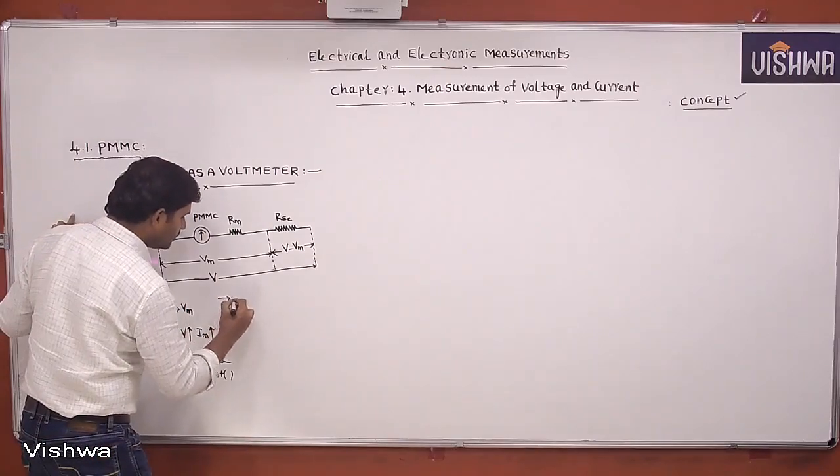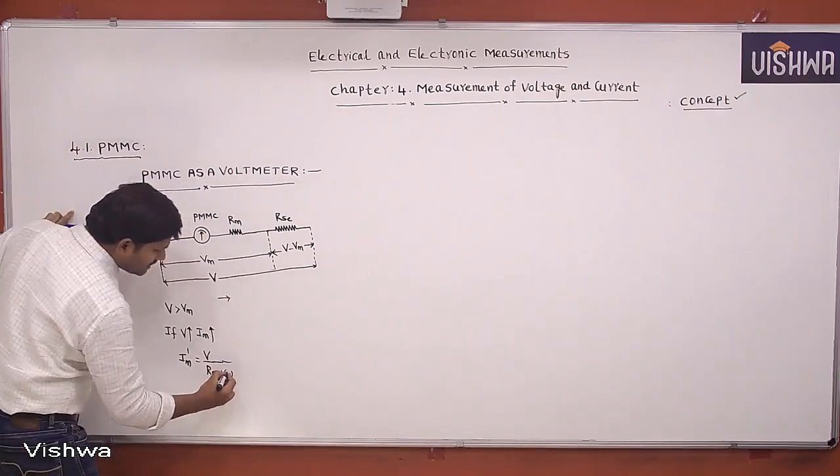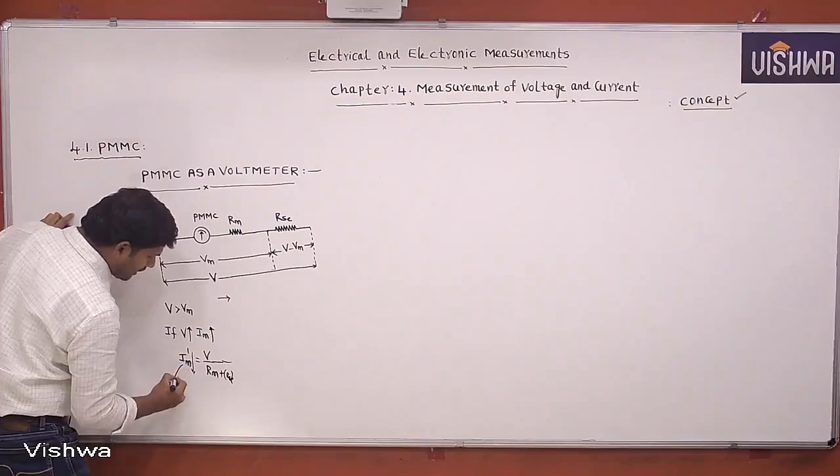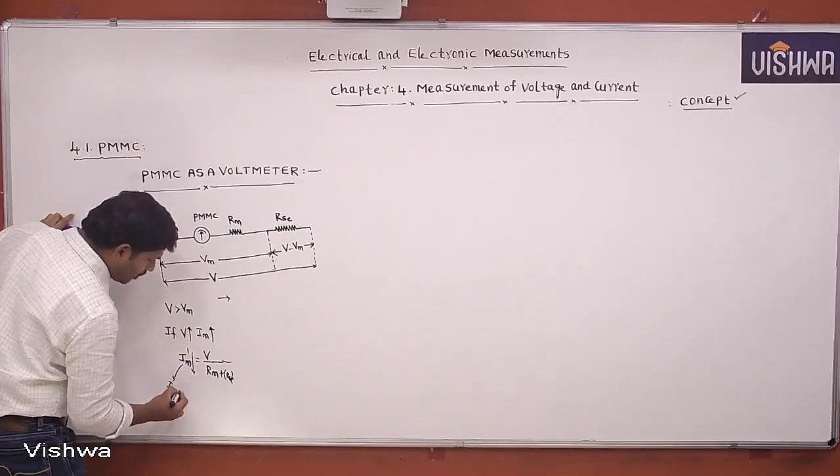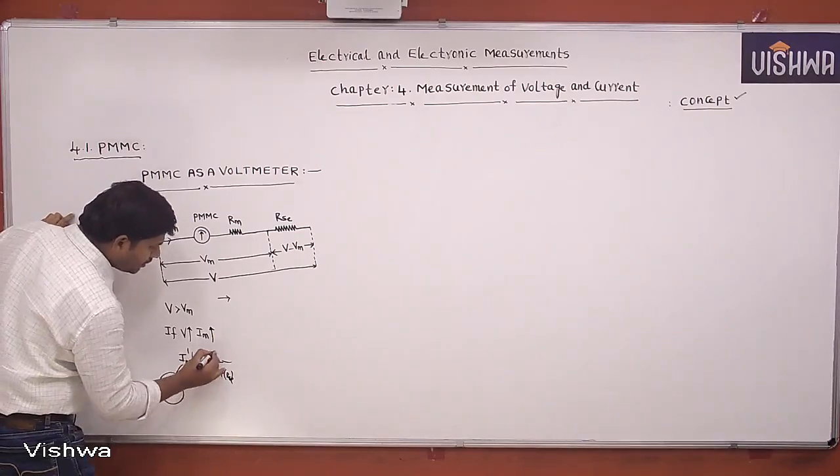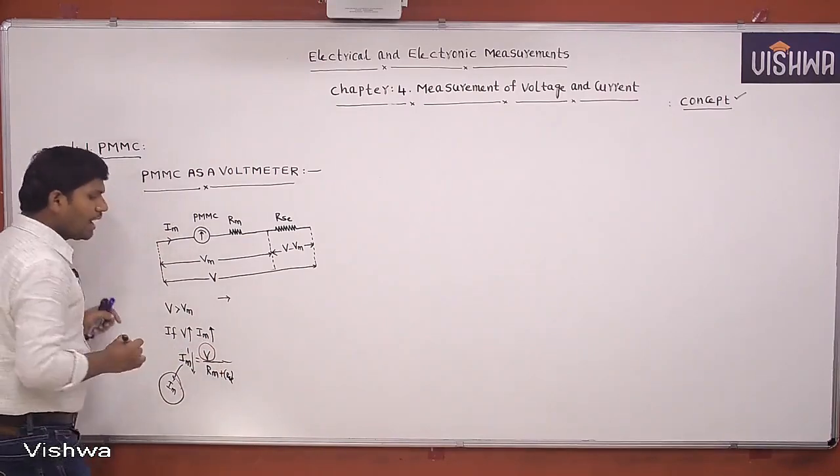Therefore, whenever series resistance is added, the current reduces and tends to Im. We are maintaining the current constant, but we are measuring high voltages.